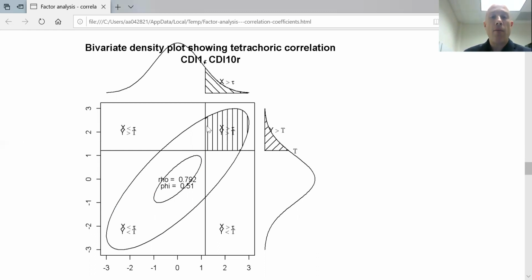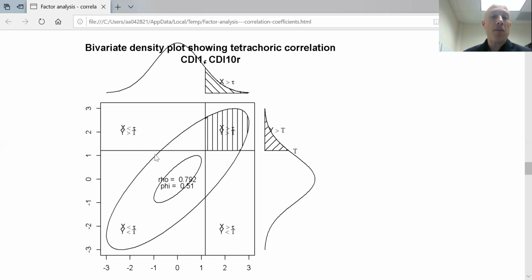And then over here, this corresponds to all the observations that are 1 in both of the 2 observations. Here, both observations are 0. And in this corner here, we have a 0 for CDI1, a 1 for CDI10R. Down here, we have a 1 for CDI1 and a 0 for CDI10R.